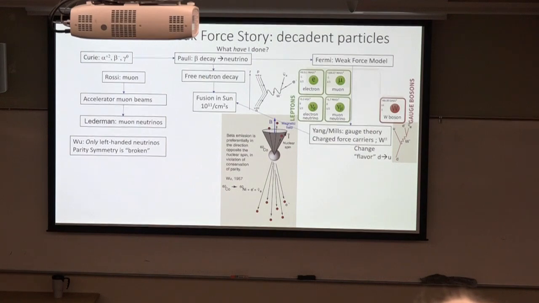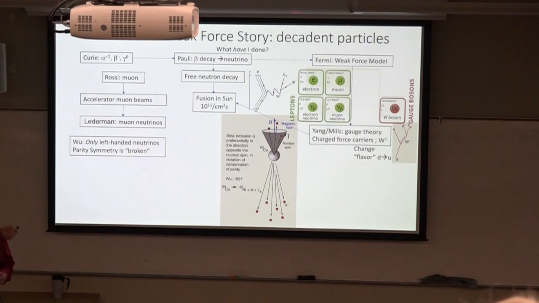Wu, a Chinese woman physicist, in 1957, tries to measure, with a cobalt-60 atom in a magnetic field, where the electrons come out when it is allowed to decay. She expected just as many coming down as going up. But when you look at this, if all these are going down, then the neutrinos must be going up.